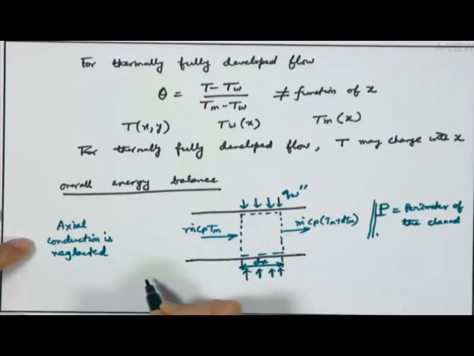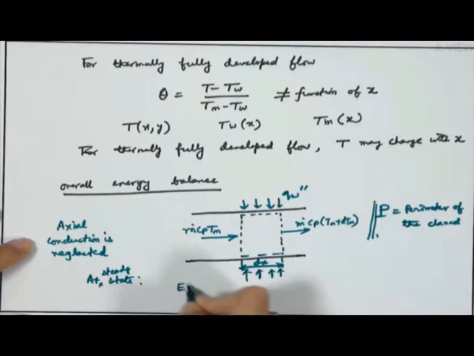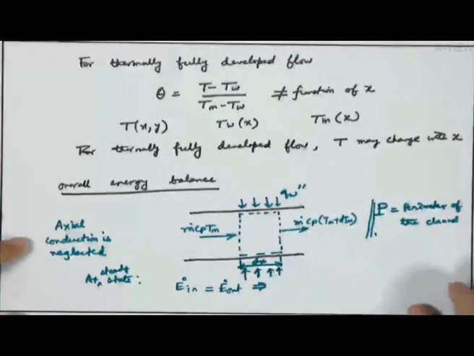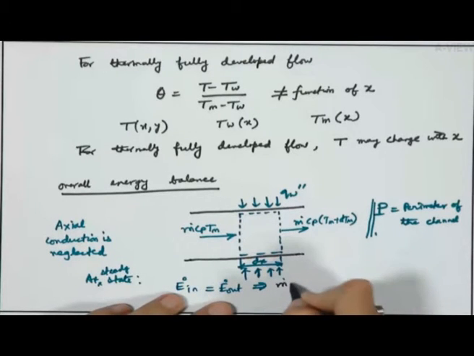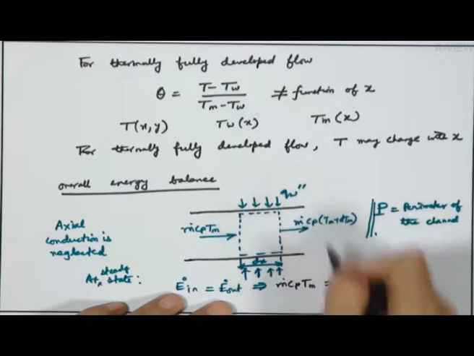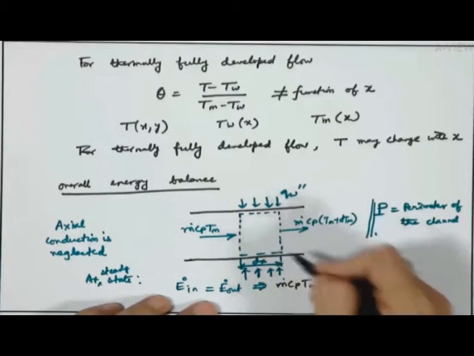What is the energy balance? At steady state, rate of energy in is the same as rate of energy out, which means m dot into Cp into Tm plus the additional energy due to the heat flux at the wall.